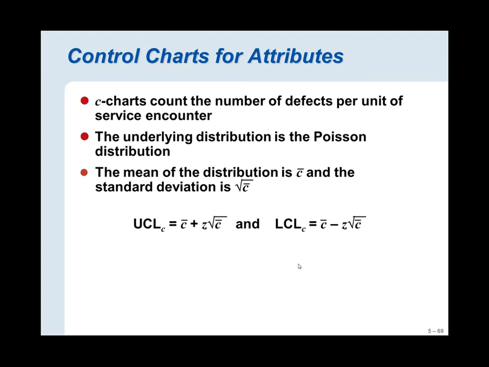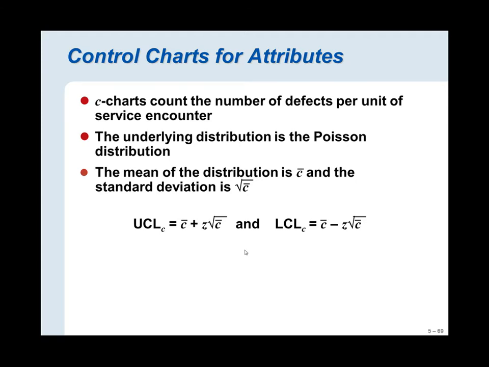So in this occasion, number of samples is more than 1. We use a proportion chart. On the C chart, upper control limit C equals C bar plus Z square root C bar. Lower control limit is C bar minus Z square root C bar.